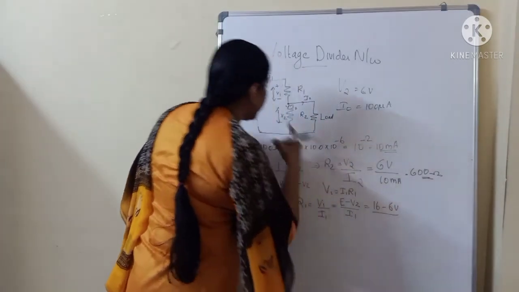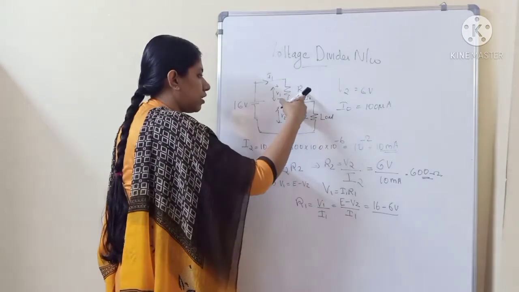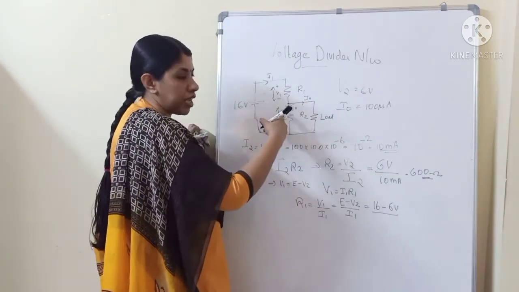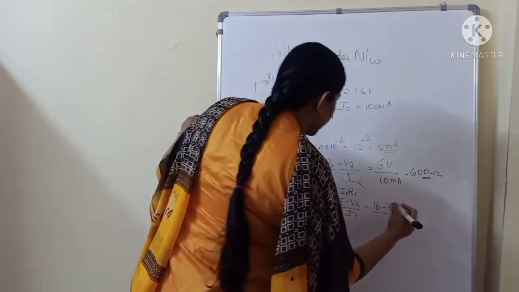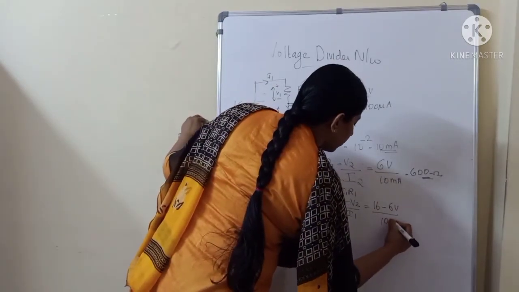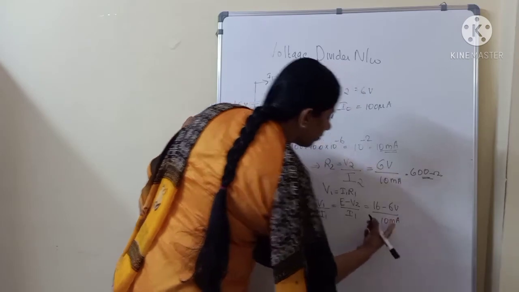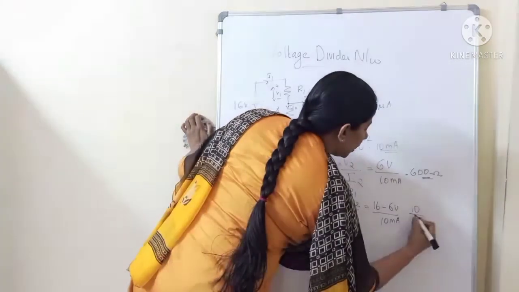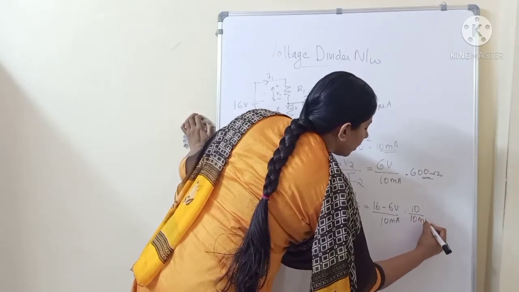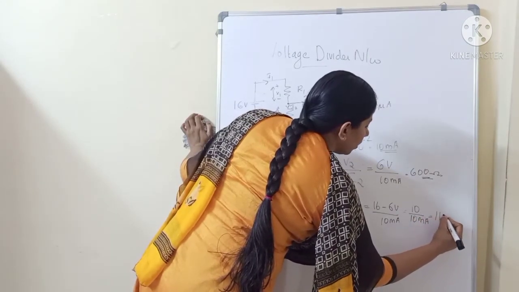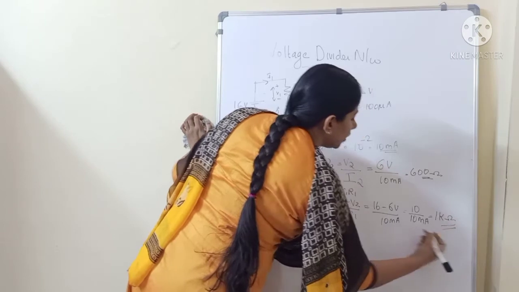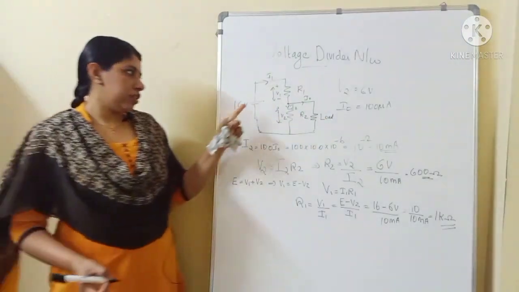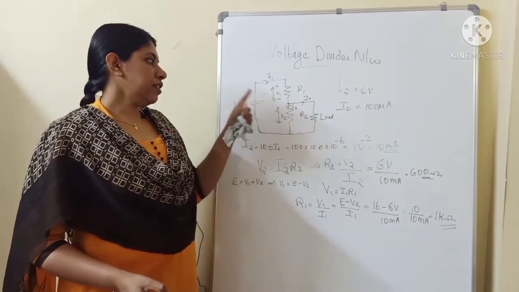Then I1: because we are considering the load current as negligibly small, both currents will be the same, so we can take it as the value of I2 also. Therefore you get 10 divided by 10 milliampere, and if you solve this, you will get the value as 1 kilo ohm. So in this way you have designed the circuit.